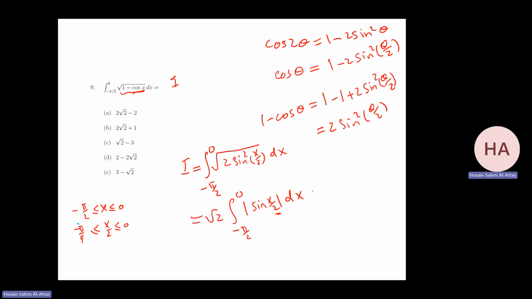So that is minus the square root of 2, minus pi over 2 to 0, of sine x over 2 dx. So the absolute value gives me minus sine x over 2. Or you know what? Leave the minus with the minus sign. That will give me cosine.